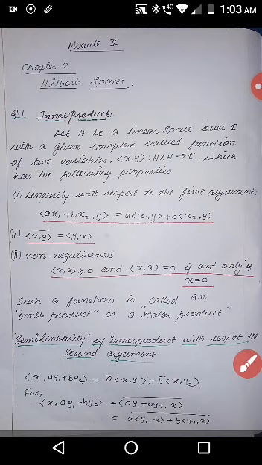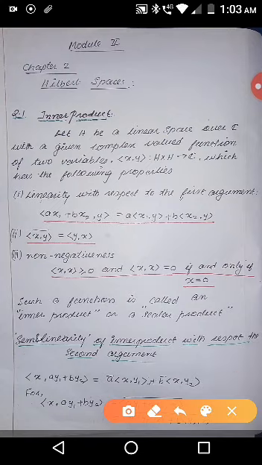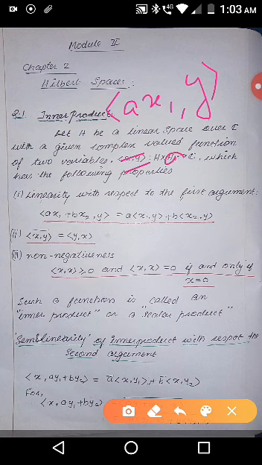Similarly, inner product of a x1 comma y can be written as a into inner product of x1 comma y. This is linearity with respect to the first argument.